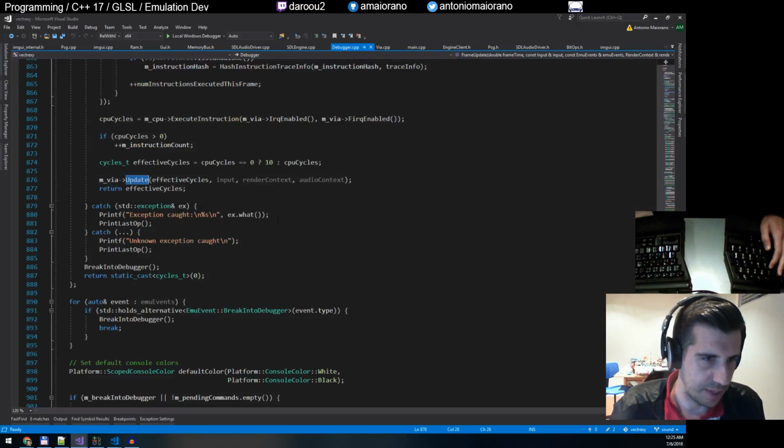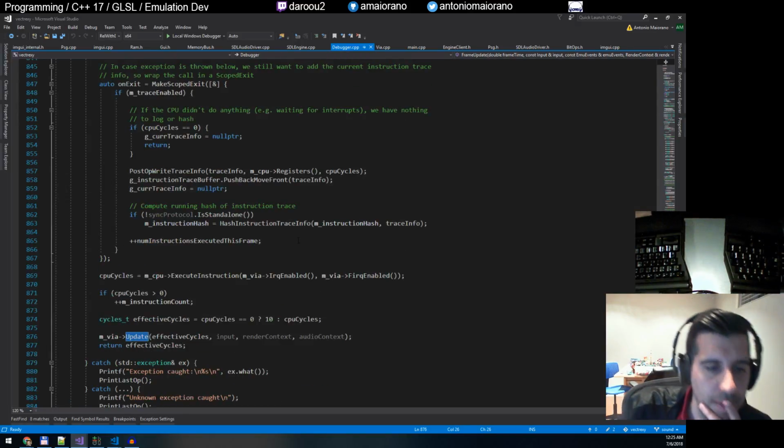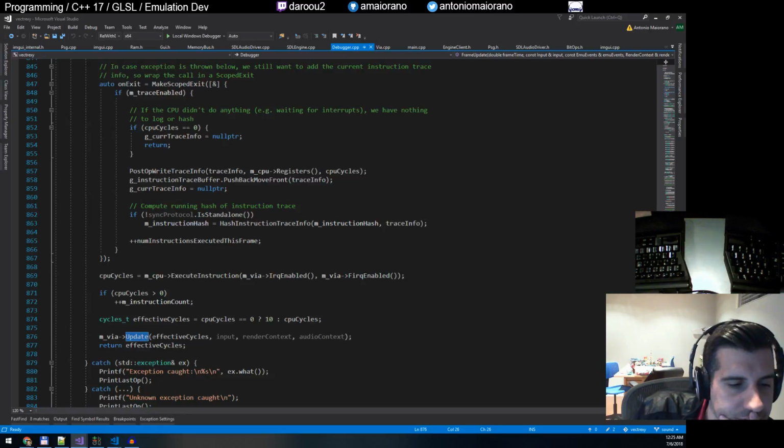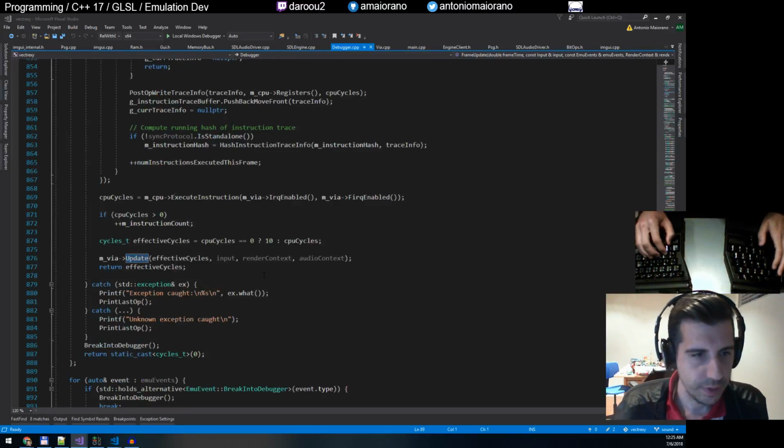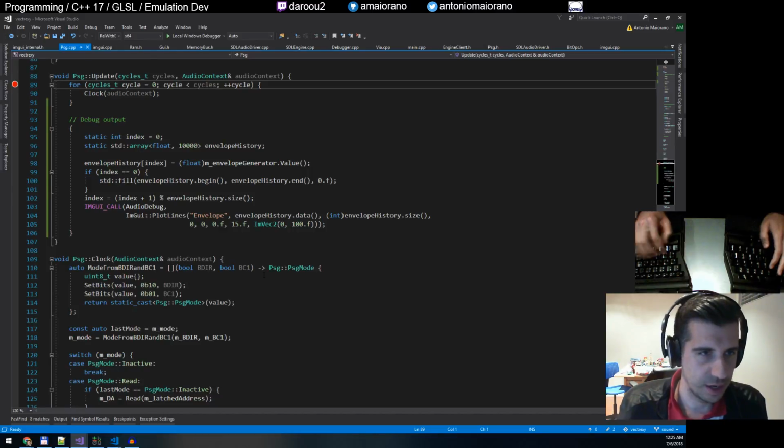Here I call this update, but really it should be like on CPU instruction. And that's why I can't do what I'm doing right now. Update is not a good name.